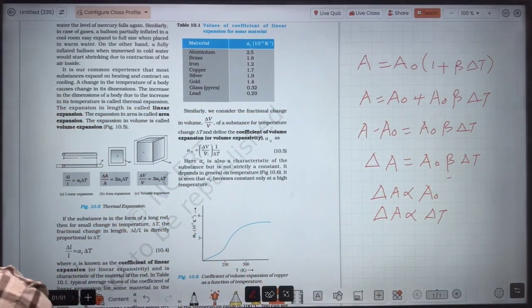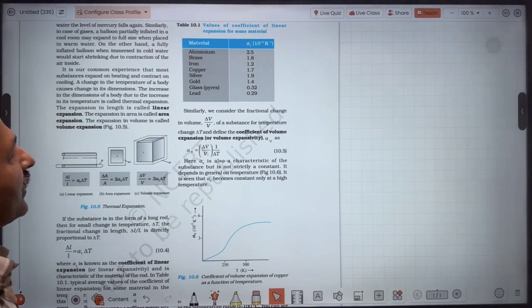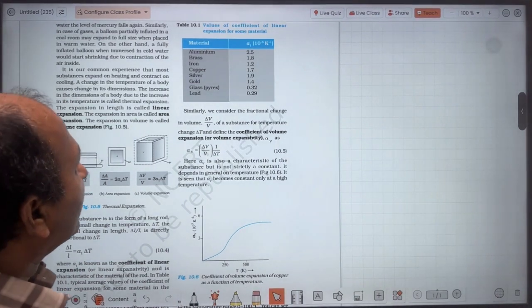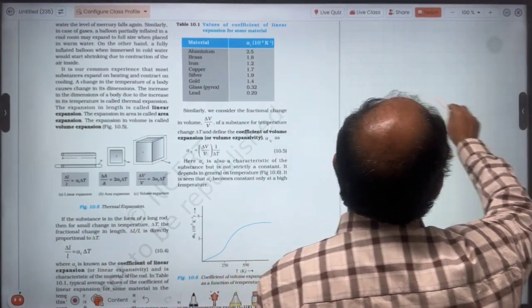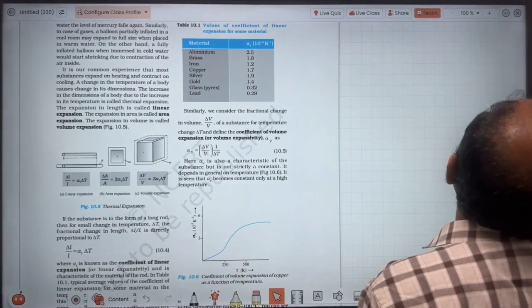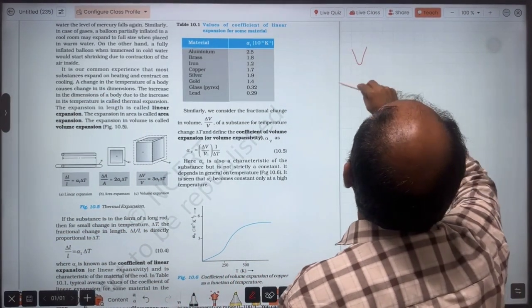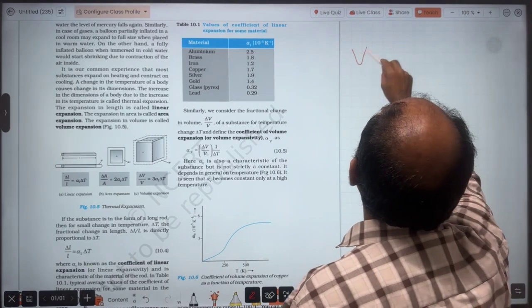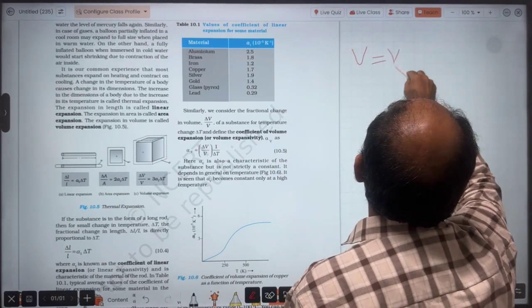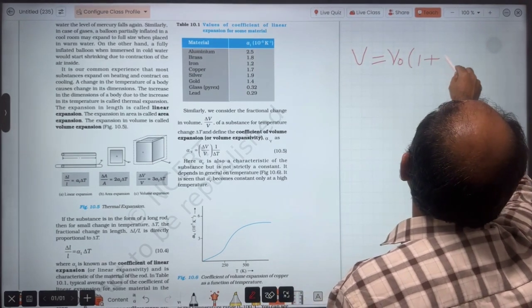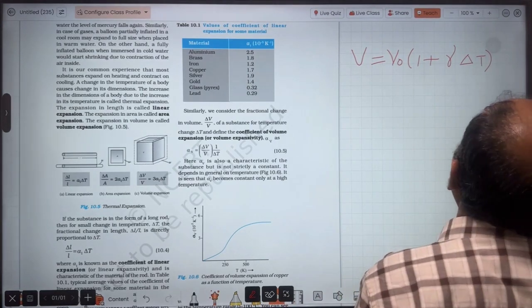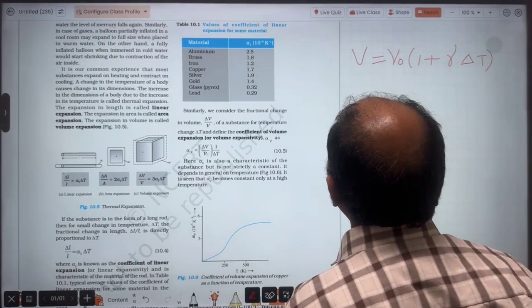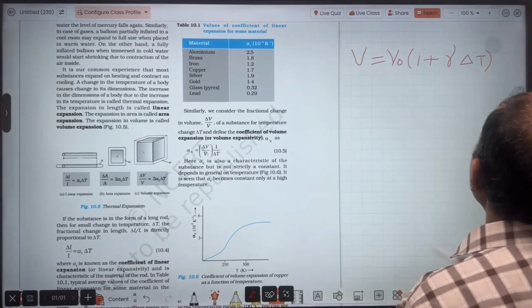Then comes cubical expansion or volumetric expansion. So again we can say that if V is new volume, original volume is V0, so V equal to V0 (1 plus gamma delta T), right? Where gamma is coefficient of cubical expansion.